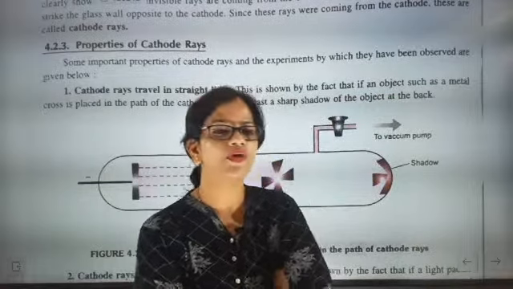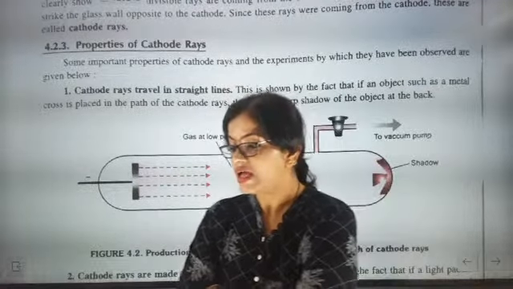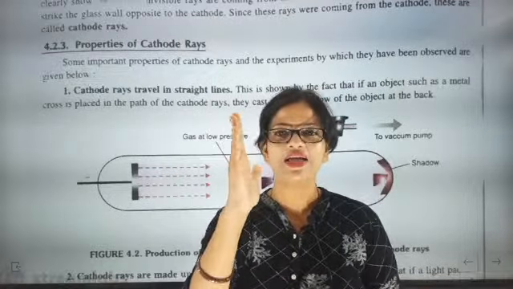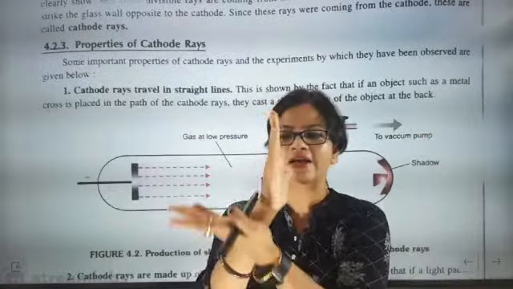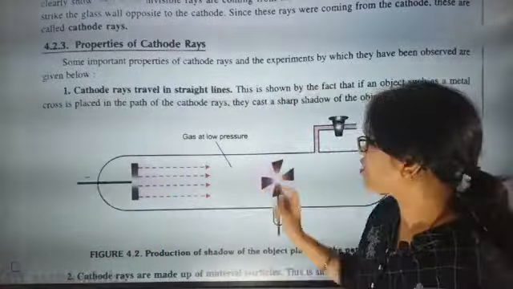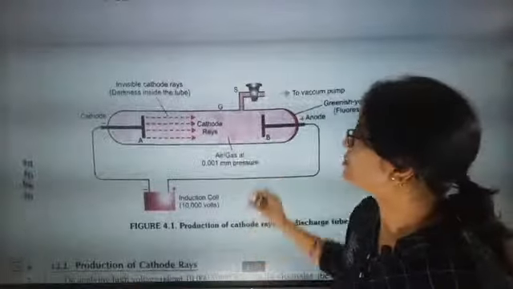So here we are taking a very important point: when something is present, like if my hand is there and light is falling on my hand, a shadow will be cast just behind my hand. In the same way, in this discharge tube, we kept a metal plate in between.